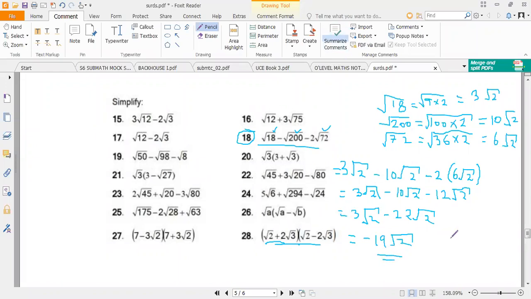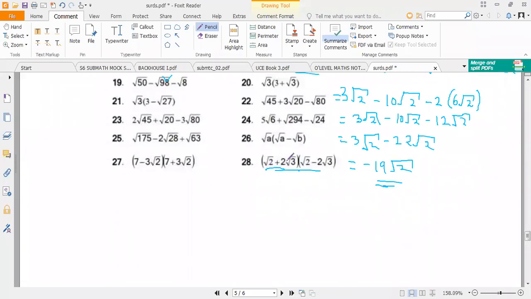Okay, so basically that's how you're supposed to do all these simplifications, even this, all these. Then the last ones, which are this, might be this, and might be this. Those are testing your knowledge of multiplication and opening of brackets. That is the properties of surds.